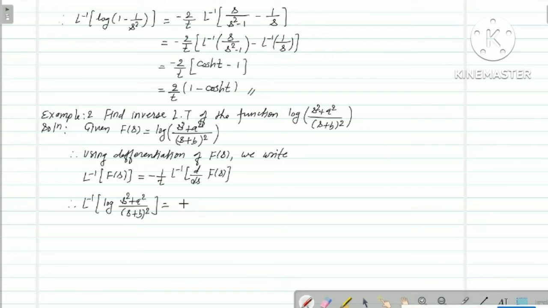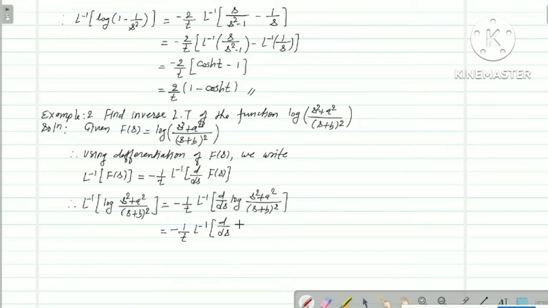Okay, and this equals negative of 1 upon t L inverse d by ds of f of s, which is this function, log of s square plus a square divided by s plus b the whole square. Okay, before taking the inverse of this function, we must differentiate this.